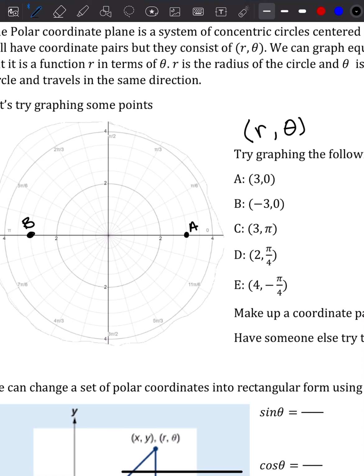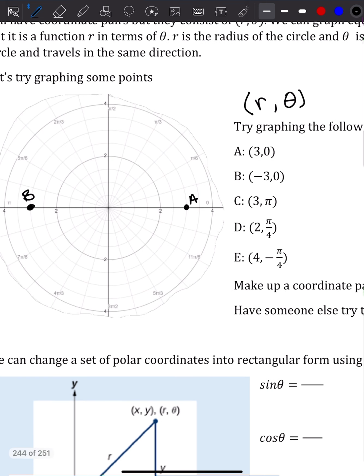Next, (3, pi): I go out 3, so I'm at point A, but now I need to rotate pi radians on the circle. So I'm going to go all the way around to the other side, and it's going to land right where (-3, 0) is. So one of the things that you may notice is that when we write polar coordinates, there's a lot of different ways to write the same exact coordinate.